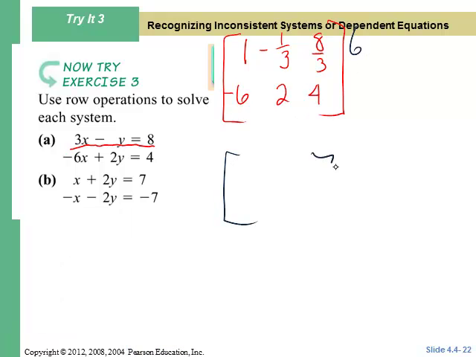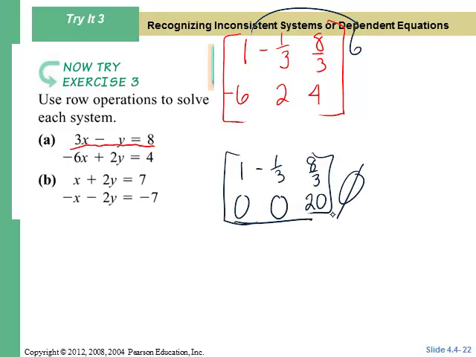First of all, let's write down the first row: 1, negative 1/3, 8/3. 6 times 1 is 6, minus 6 is 0. 6 times negative 1/3 is negative 2, add 2 is 0. 6 times 8/3 is 16, add 4 is 20. Notice once again you get that null set.